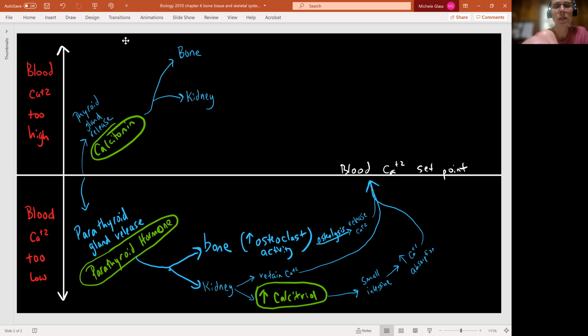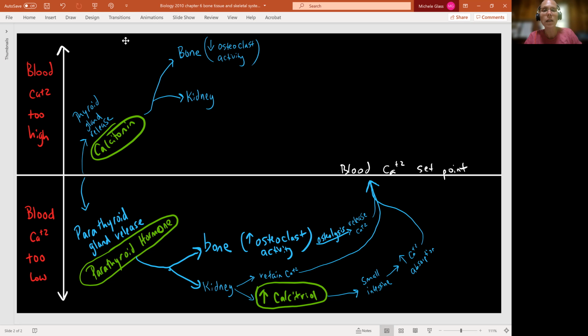And so what we actually see here is that we get a reduction of osteoclast activity. And so rather than doing osteolysis and releasing calcium, we see that the osteoblast activity just is busy.